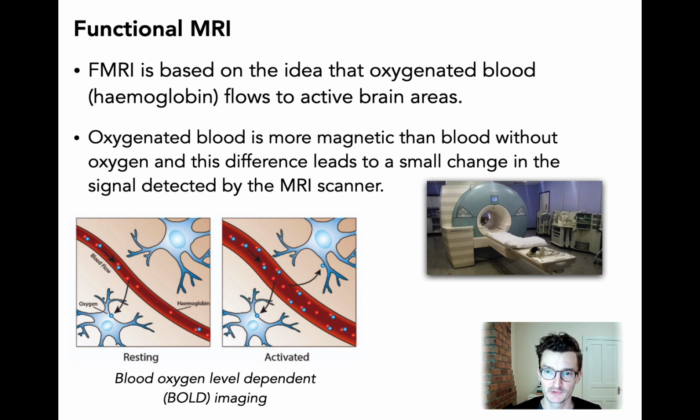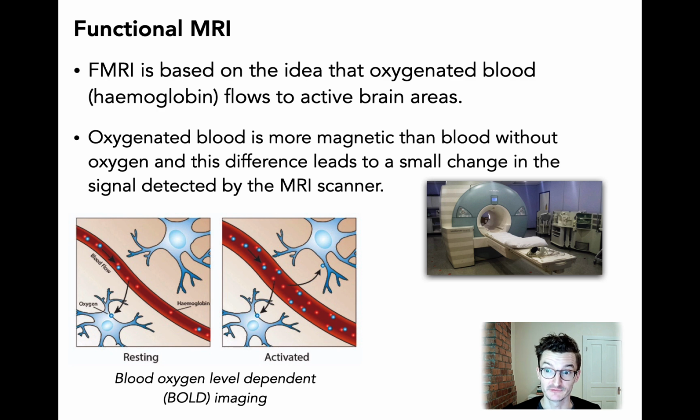So in the case of visual processing, the occipital lobe. In the case of auditory processing, the temporal lobe. And so the signal given off by those hydrogen protons not only varies as a function of the tissue they're embedded in, but it also varies as a function of how much oxygen is nearby.